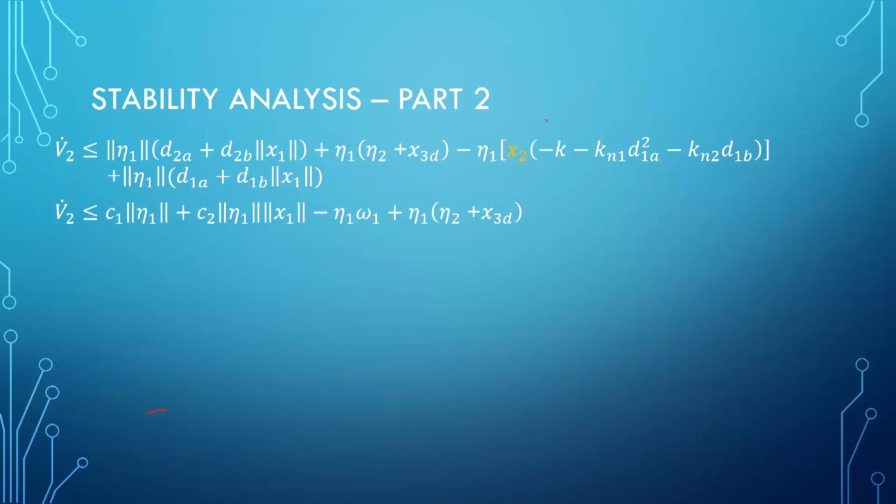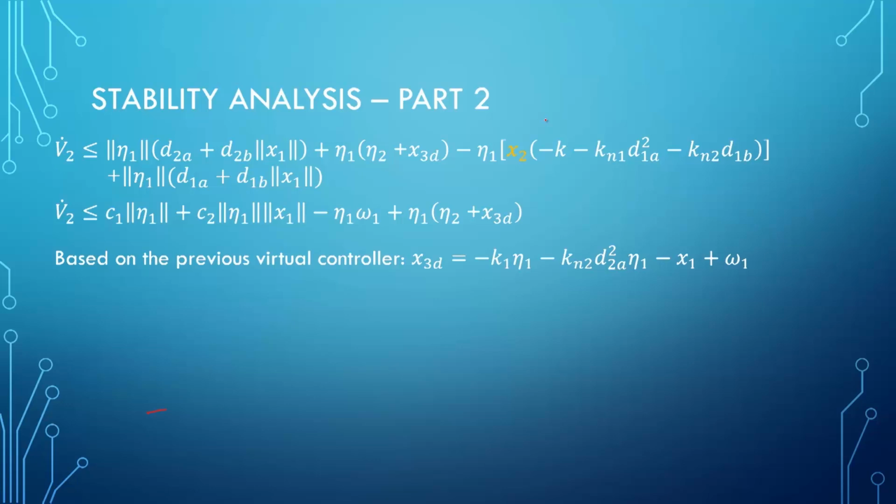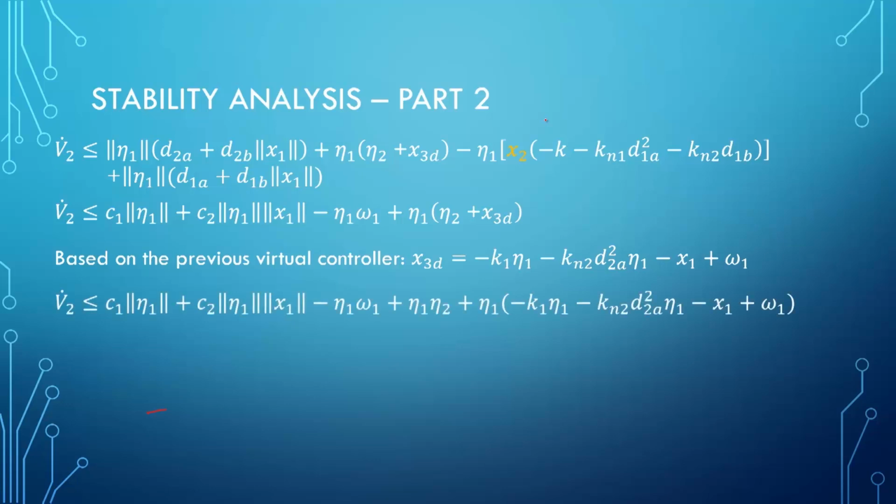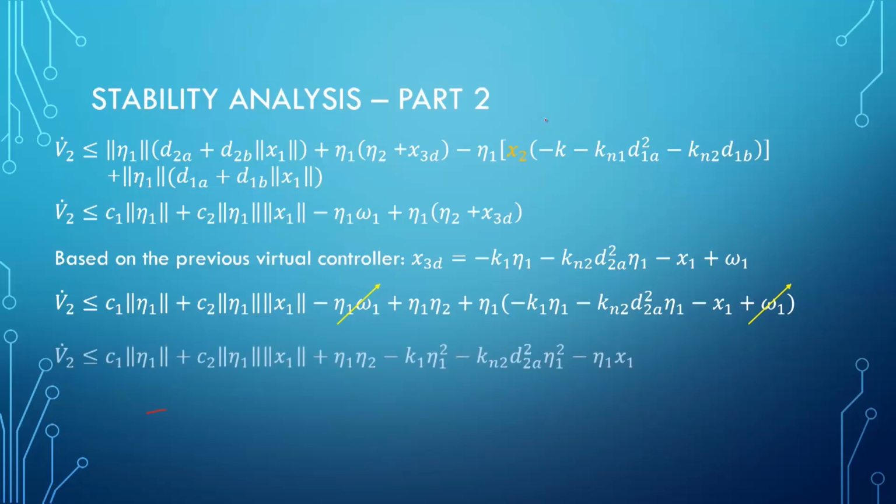some other good terms. Now you can substitute the virtual control x3d here, and you can see that the good terms pop out, right? Here you have minus k1 eta 1 squared and some other good terms. Next, you can cancel out these cross terms. And this could be a cross term that can be canceled out with another subsystem, with system 1 over system 3.